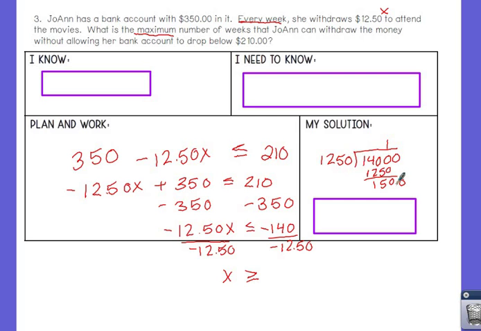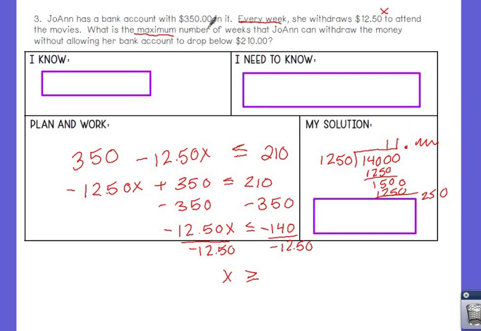How many times can 1250 go into 1,500? 1. I have 250 left over. Do I really care what the decimal is? No. I know it's 11 point something.